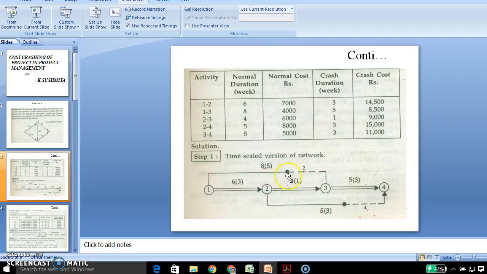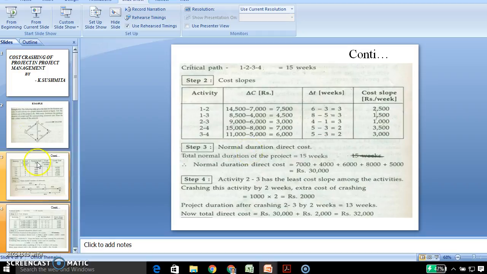The timescale network is drawn for this. The non-critical activity paths are 1-3 and 2-4. Crashing is done first on the critical path and next on non-critical paths, considering the lowest cost.